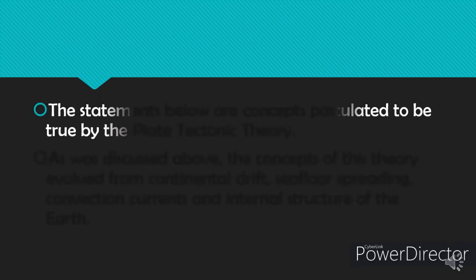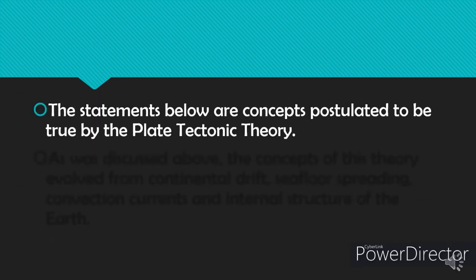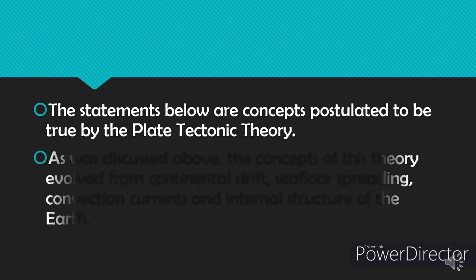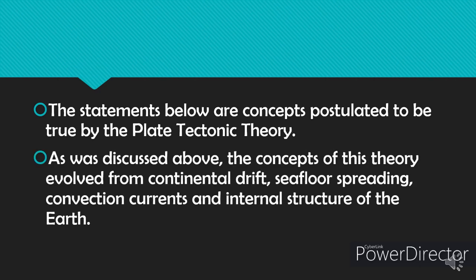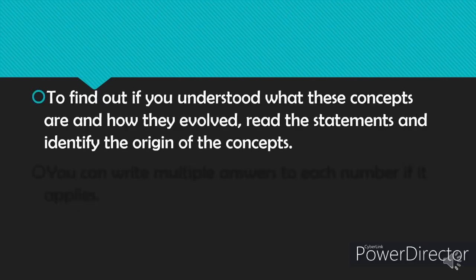The statements on the next slide are concepts postulated to be true by the plate tectonic theory. As was discussed from the previous slides, the concept of this theory evolved from continental drift, seafloor spreading, convection currents, and internal structure of the Earth. To find out if you understood what these concepts are and how they evolved, read the statements and identify the origin of the concept.